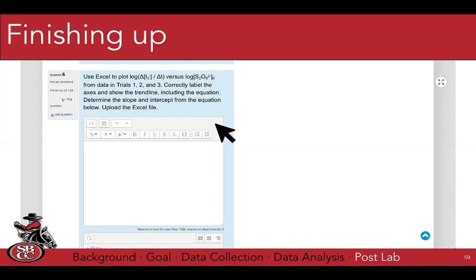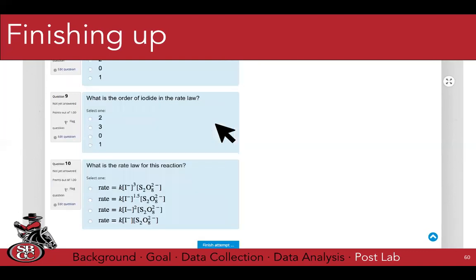The orders of the iodide and the persulfate are asked for, and that's what you would get from that slope. And once you have those P and Q, then you can determine the rate law for the overall reaction.